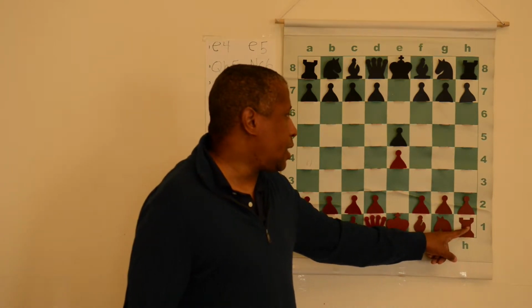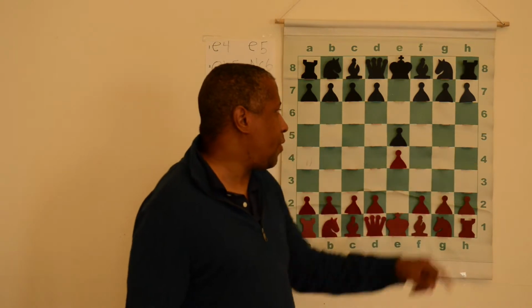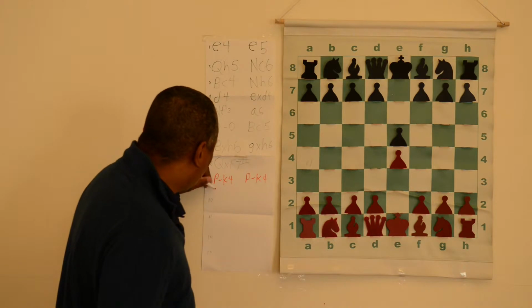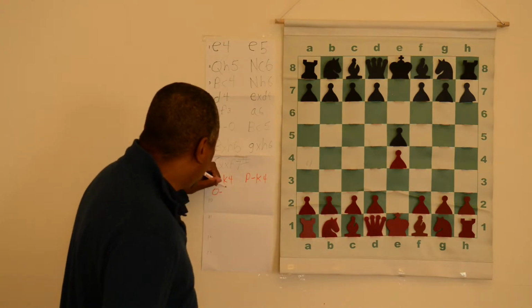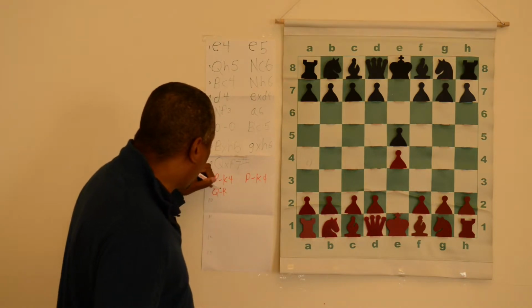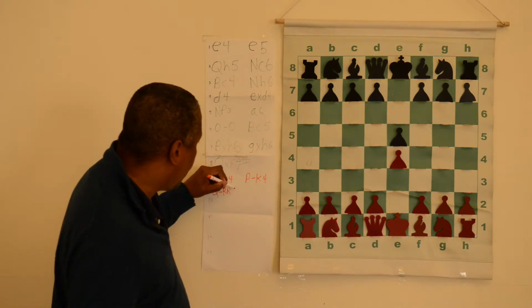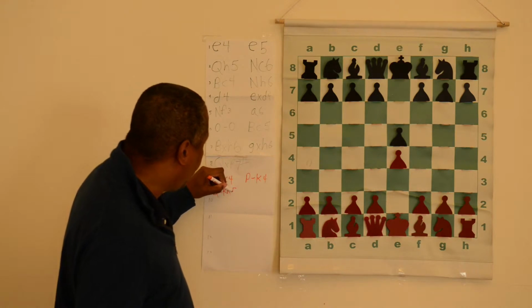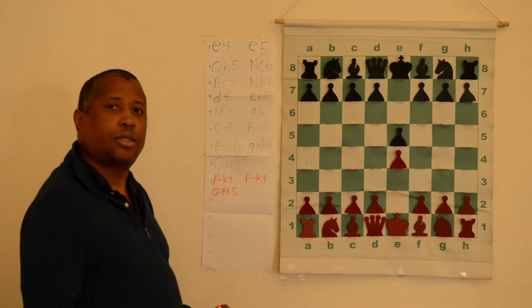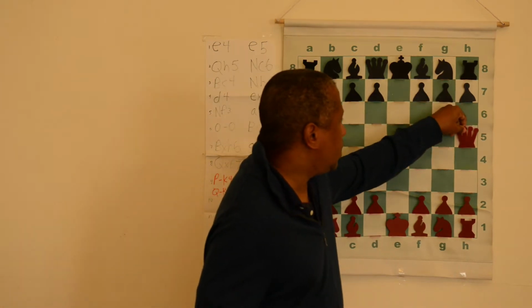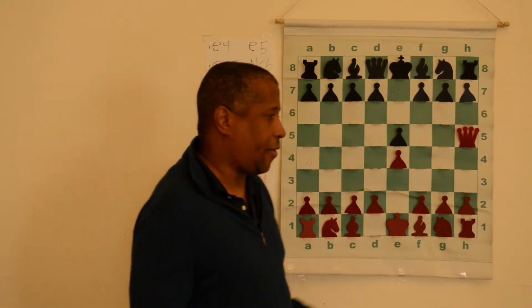And this is king's rook 1, 2, 3, 4, 5. So we're moving the queen there. What we would do is write Q to KR5. Just like that. So queen to king's rook 5.